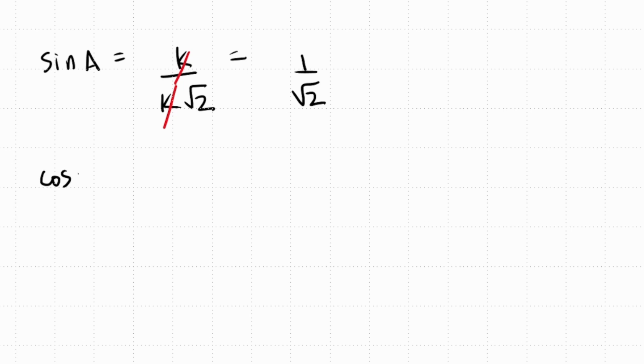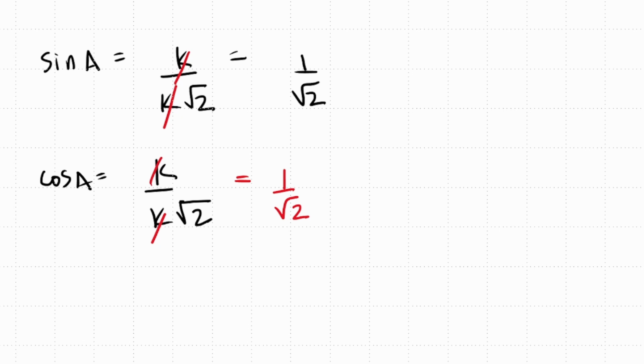For sine A, what is sine A? Sine A is opposite side by hypotenuse, and when you cancel out K and K, you will get 1 by root 2, which is sine A. And talking about cos A, adjacent side is also equal to K, so K by hypotenuse, that is K into root 2. K will cancel, which is equal to 1 by root 2 again.